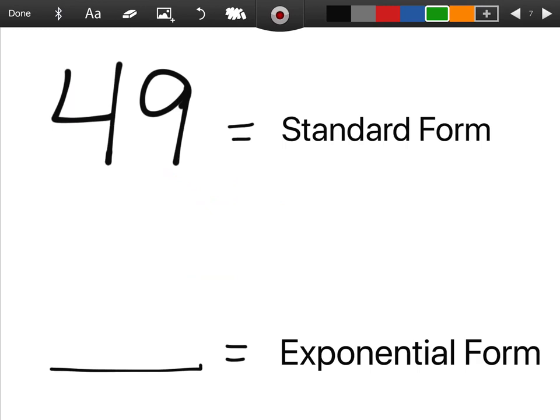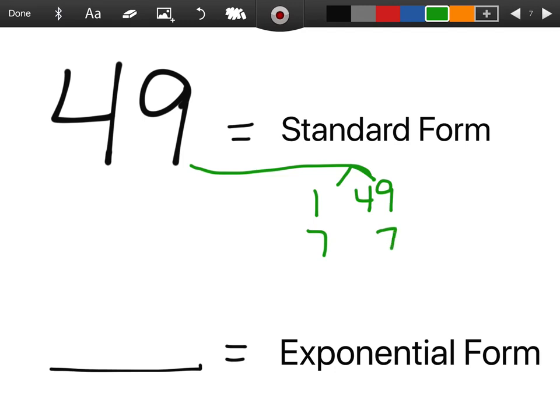If I wanted to take 49 and make it into an exponential form, I have to figure out what the factors of 49 are. So I'm going to move this over here. What are the factors of 49? So I have 1 and 49, 2 and, off the top of my head, I don't know, 3 and 4 and 5 and 6 and 7 and 7.